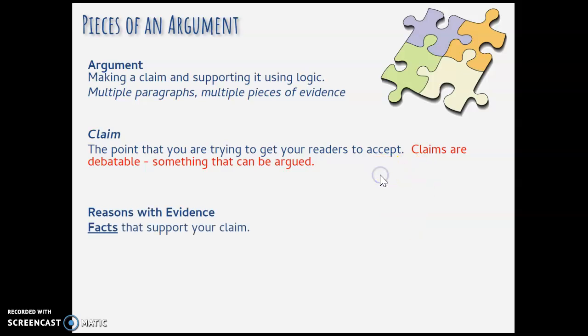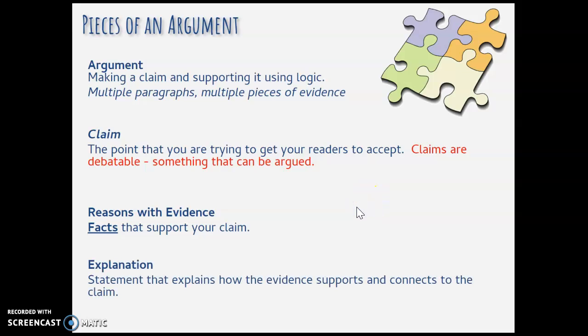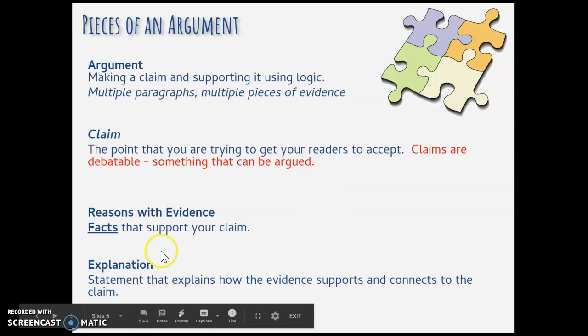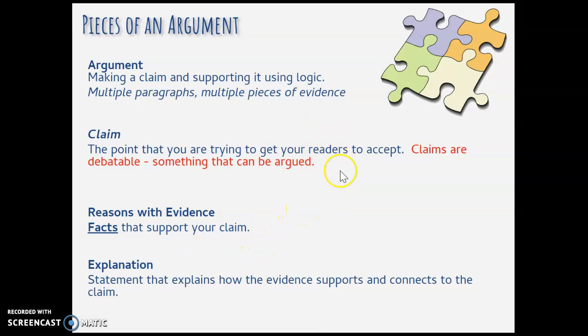Reasons with evidence. So these are the things similar to the clues and evidence in a murder mystery case. These are the facts that support it. And our explanation. This is the statement that explains how the evidence supports and connects to the claim. So we're going all the way back to the claim here. So how does this evidence prove that our claim is true?